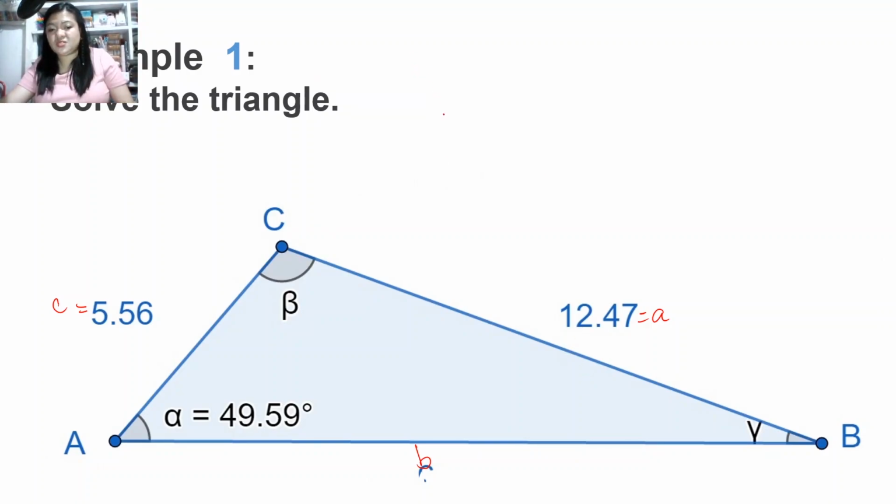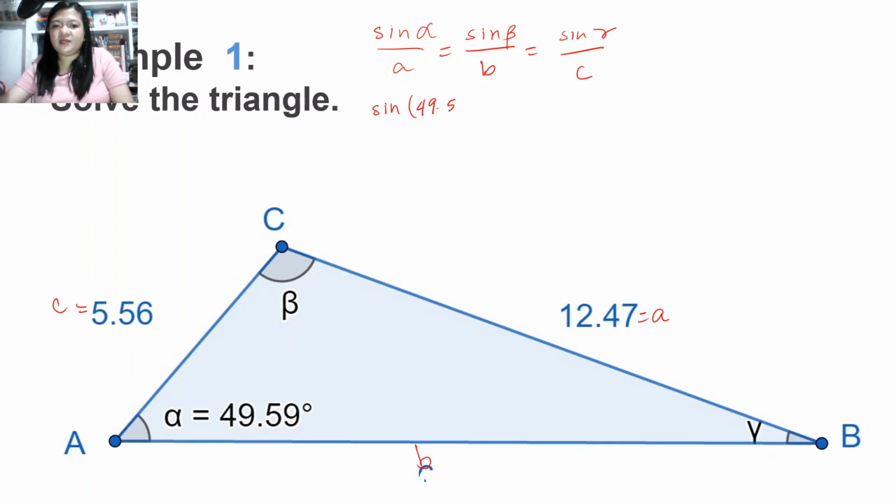Why? Because we have side C and angle alpha and side A. Law of sines says that sine alpha over A is equal to sine beta over B, which is equal to sine gamma over C. Now, let us substitute the given that we have. So, alpha is 49.59 degrees.